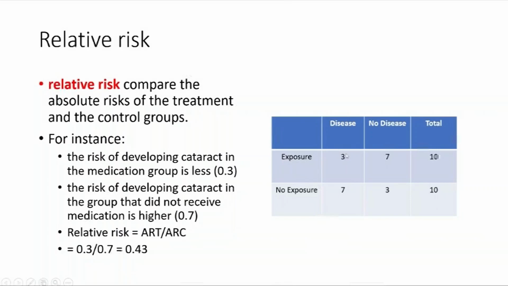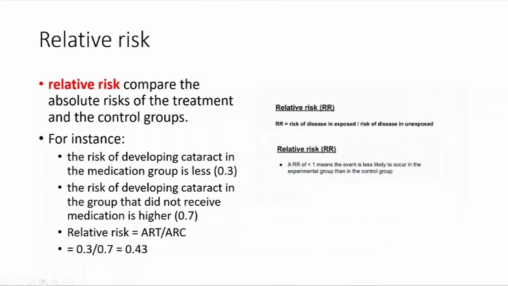So that's 3 over 10 divided by 7 over 10, if we're checking the relative risk of this table.